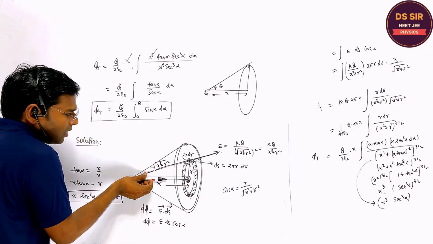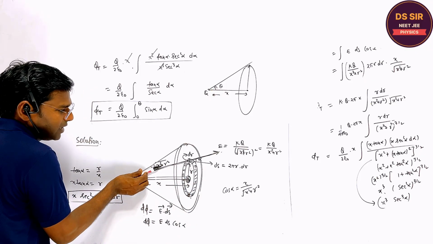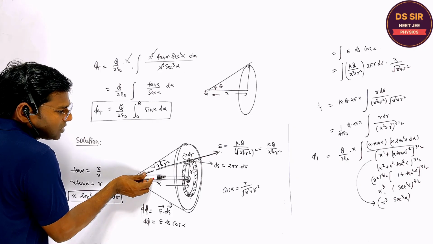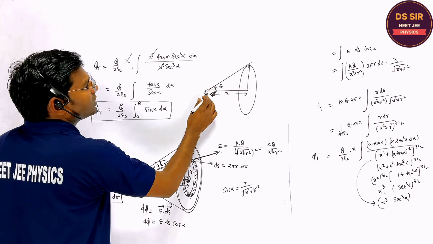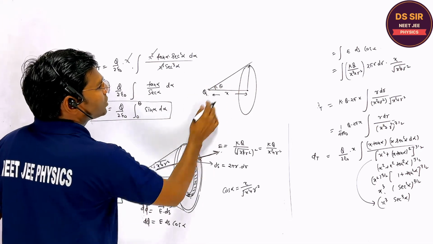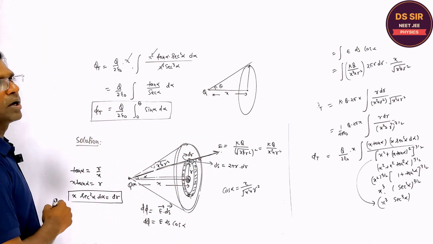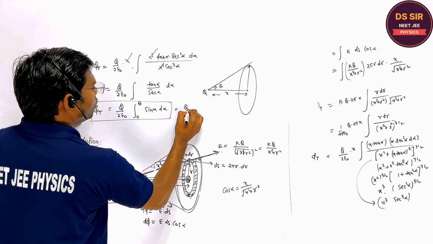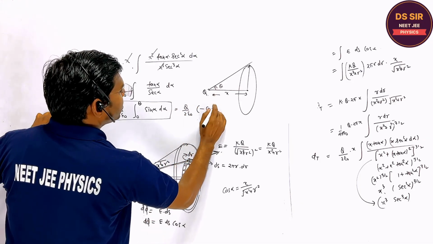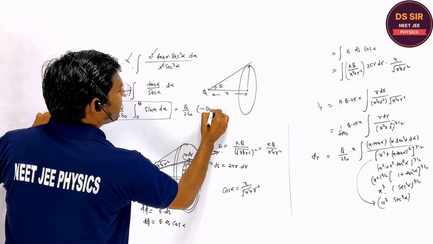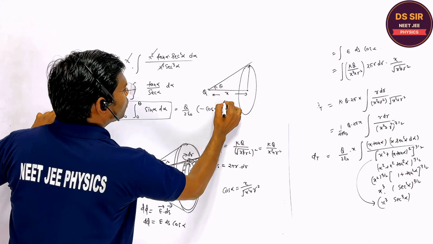This is the angle alpha for this ring. The angle made by this line is what? Alpha. So alpha starts from 0 up to this angle. And what is this angle? Say this is the charge q and this is the theta angle. So from 0 to theta you have to integrate, right? So q upon 2 epsilon naught, the sin alpha integration is nothing but minus cos alpha, from 0 to theta.